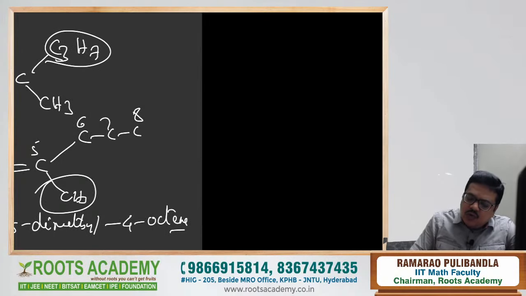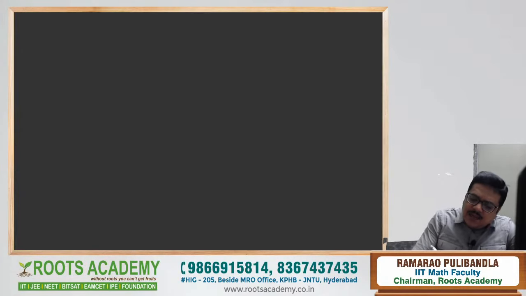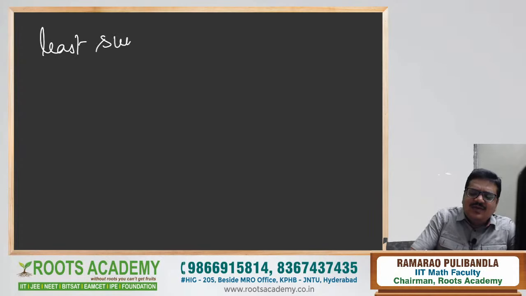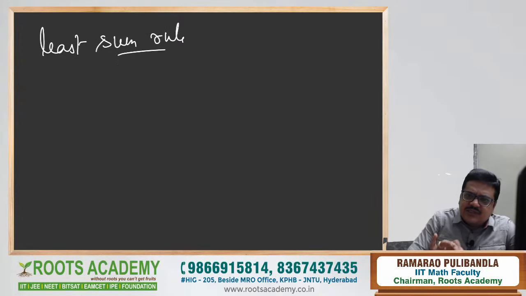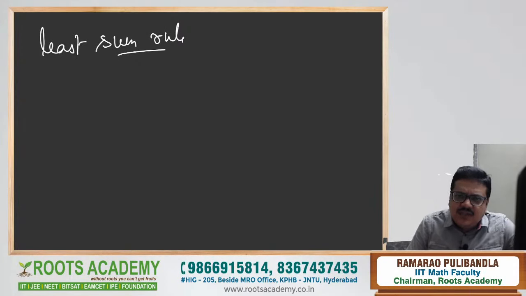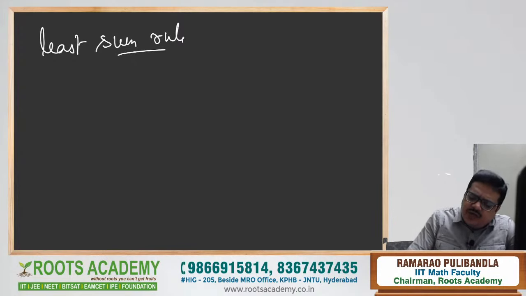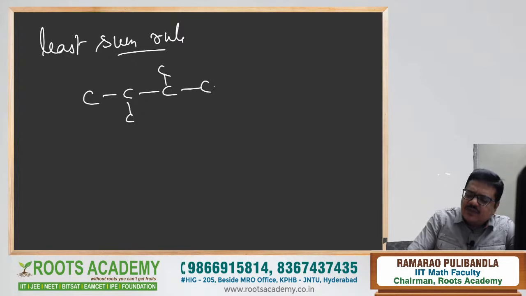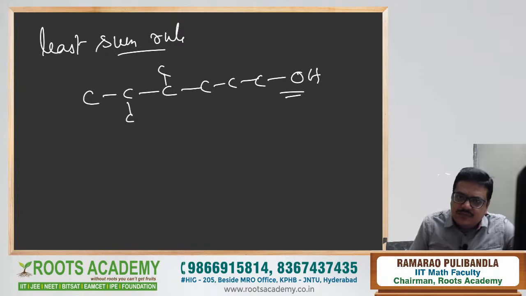Okay. Now I will discuss the least sum rule. Least sum rule. There are exceptions. In that least sum rule also exceptions are there. Now, the first one I want to discuss is if a compound is given like this with the main functional group.